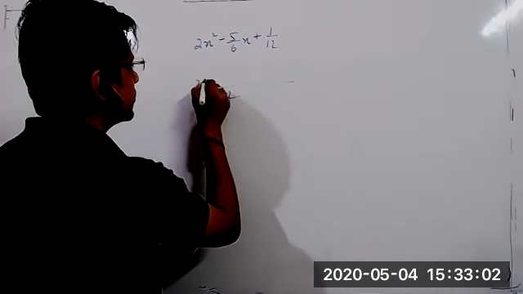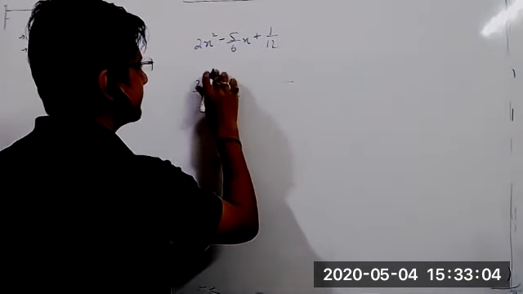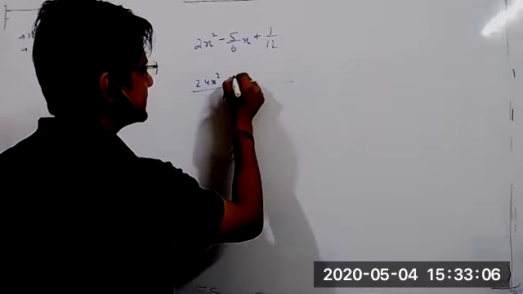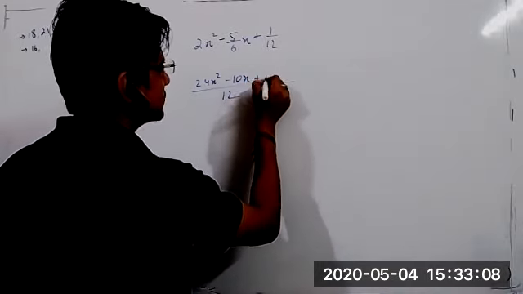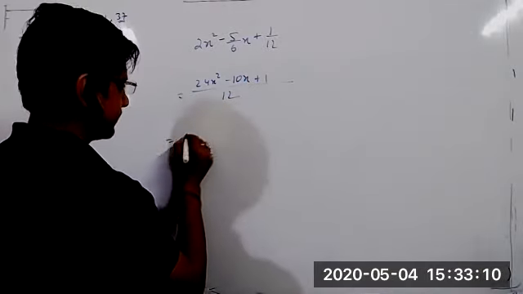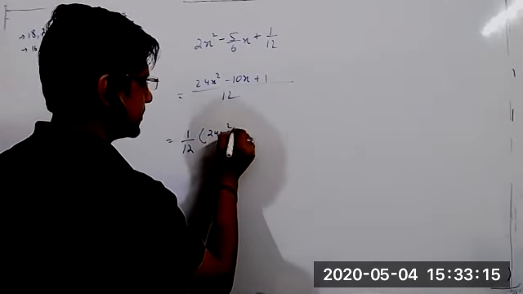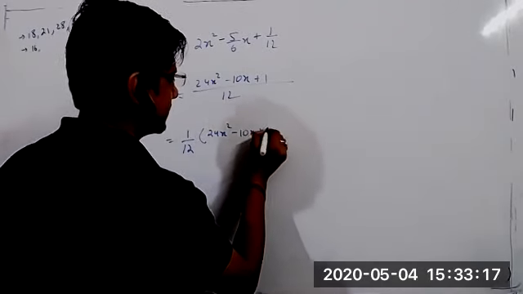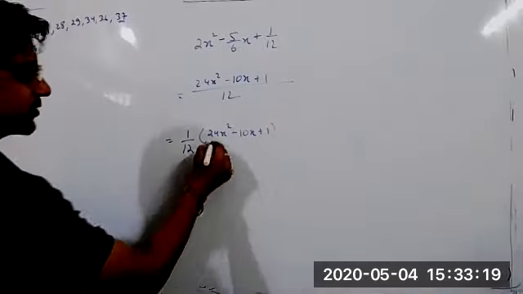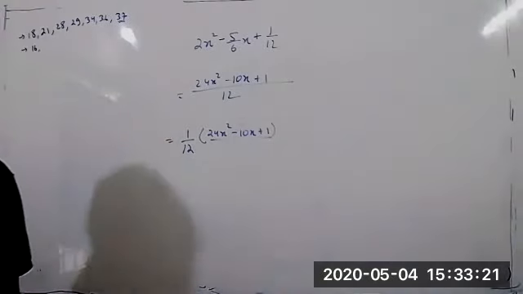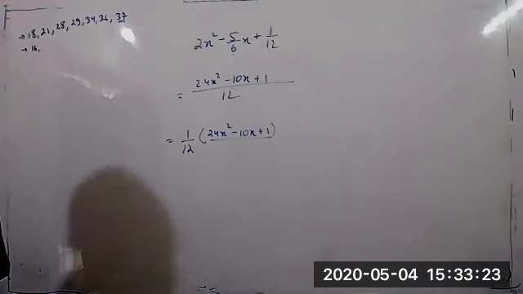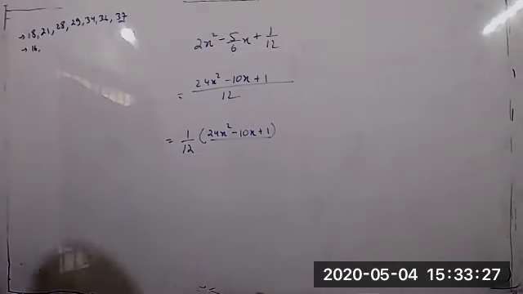So here 24x square minus 10x plus 1. Now can you factorize this? Simply factorize it. That will be your answer. Understood?